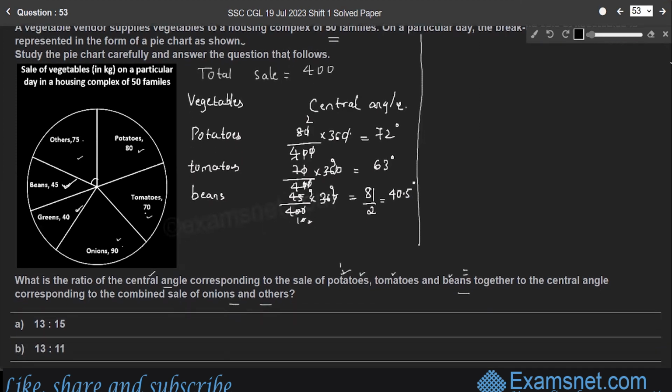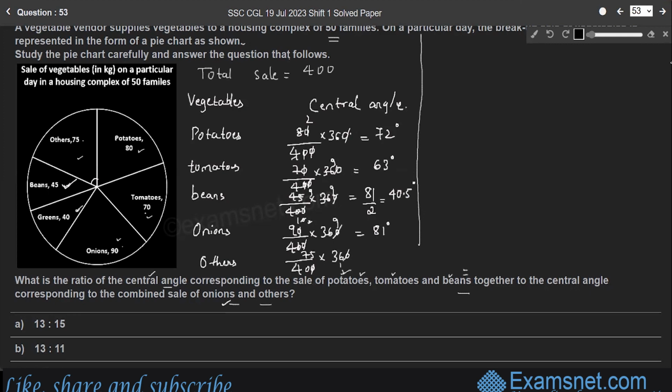So next comes onions and others. The onions' corresponding central angle is, out of 400, onion sale is 90, right? Therefore for 360, so we can cancel two zeros here. 4 into 9, so 81 degrees is the angle corresponding to onions. Then out of 400, others' sale is 75, therefore for 360 degrees, right?